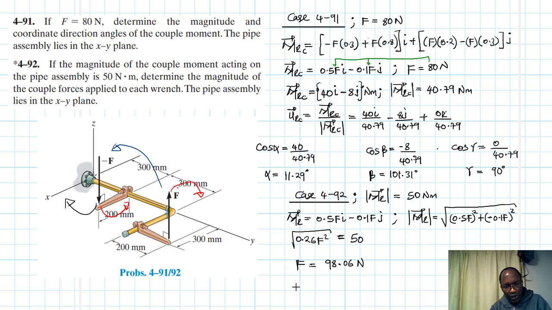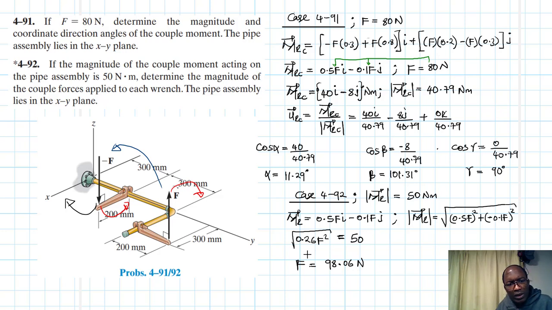So 50 squared divided by 0.26, then square root of that. All right, of course it will have two solutions, a plus and a minus. Of course we just want the magnitude in this particular case because the directions are already given for a couple, so we pick the positive one.